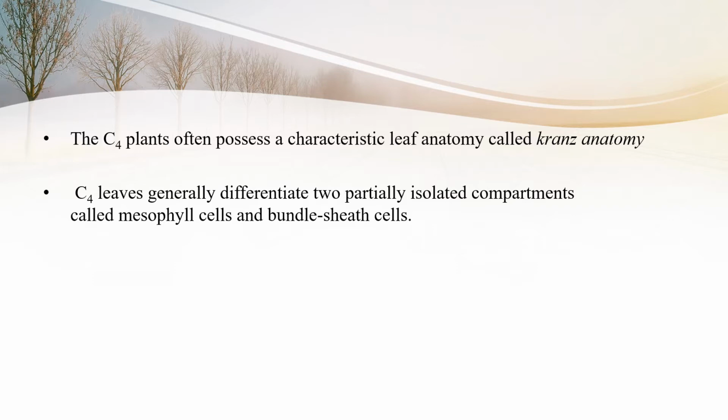So these bundle sheaths are arranged in a ring, and this we call Kranz anatomy. So in C4 leaves there are two compartments: mesophyll cells and bundle sheath cells.